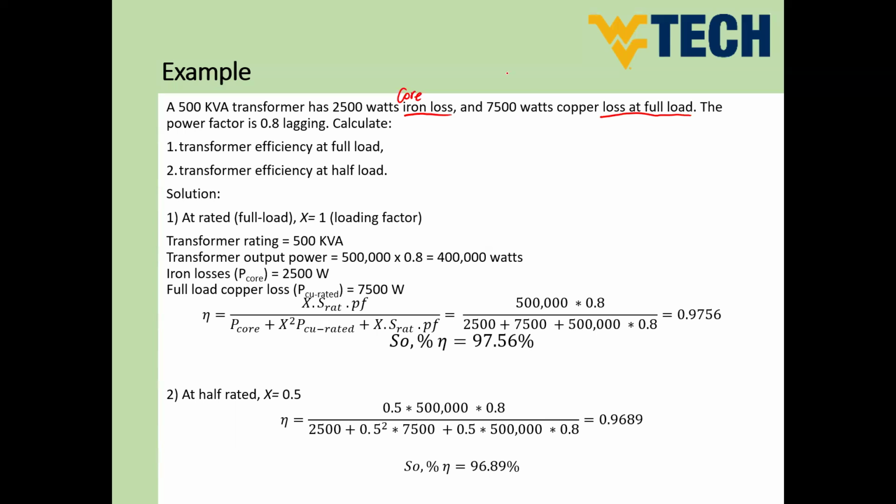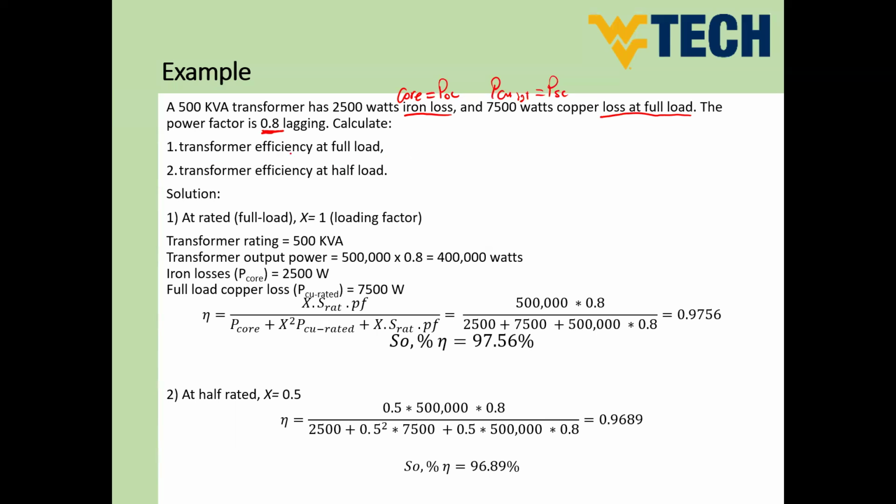At full load means this is P copper rated, which is the same as P short circuit, and the core loss is the same as P open circuit. So we have both short circuit and open circuit. Also the power factor is 0.8 lagging, the power factor we have for this loading condition.